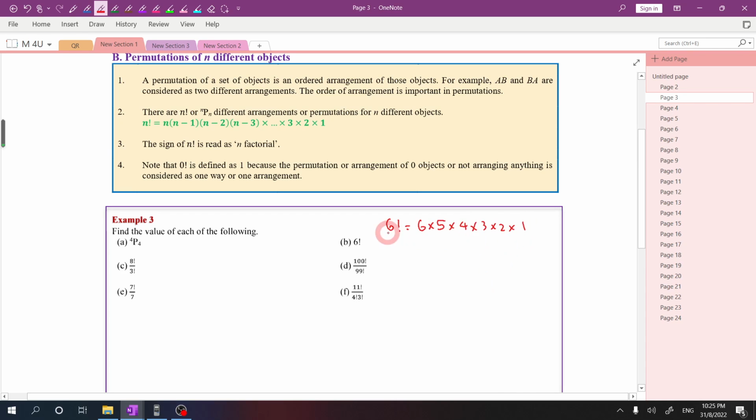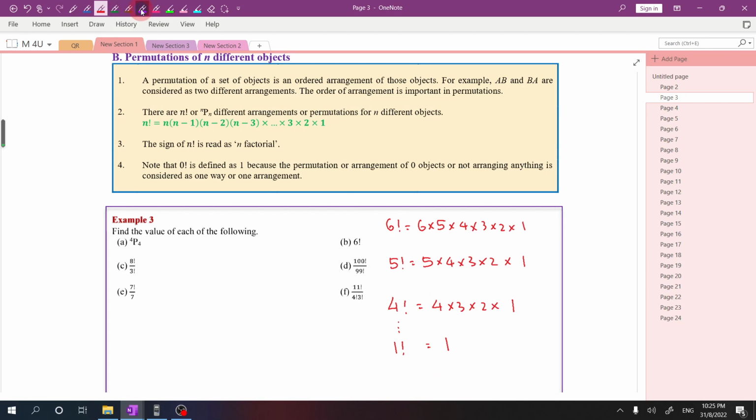Okay, so this is 6 factorial. How about 5 factorial? It just means 5 times 4 times 3 times 2 times 1. 4 factorial, I think you know the answer. 4 times 3 times 2 times 1, and so on. 1 factorial is actually equal to 1.